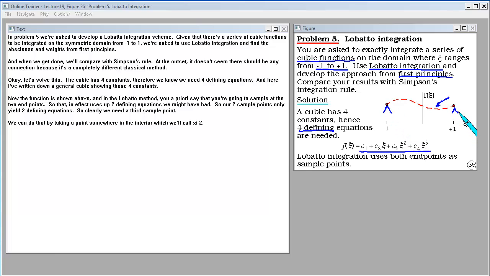So that, in effect, uses up 2 defining equations we might have had. So our 2 sample points only yield 2 defining equations. So clearly we need a 3rd sample point. We can do that by taking a point somewhere in the interior, which we'll call C2.